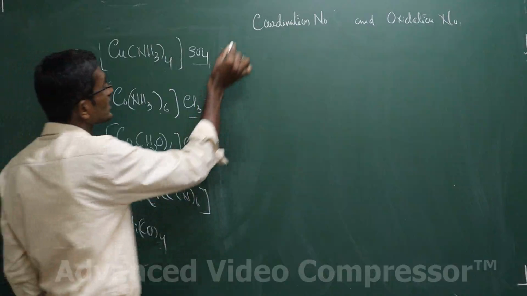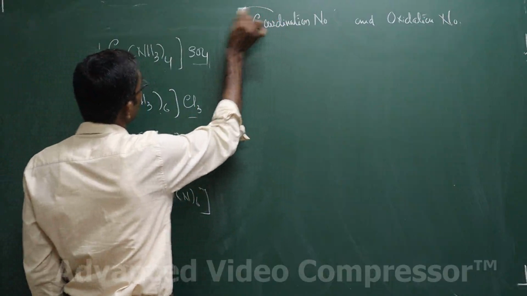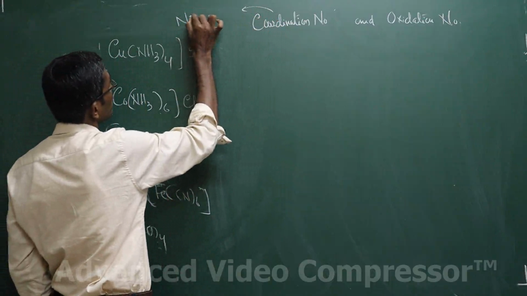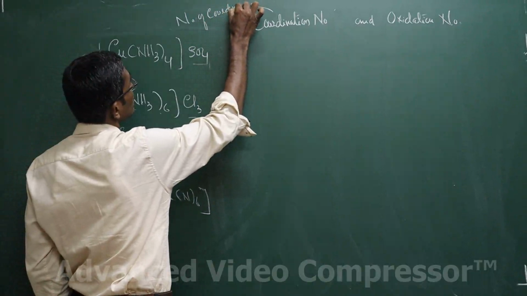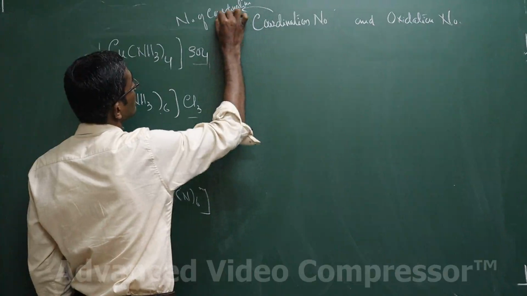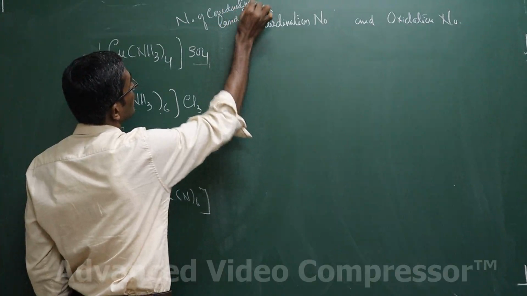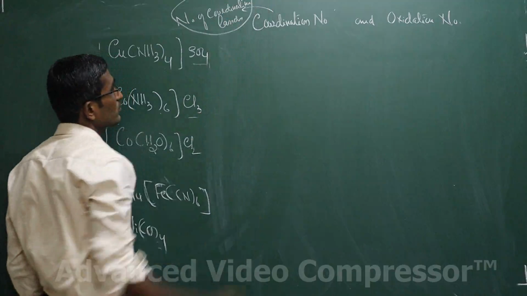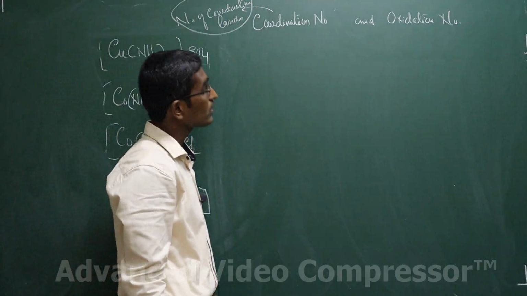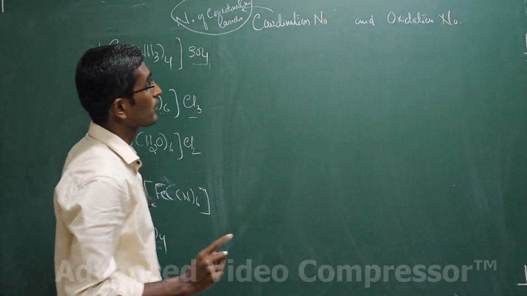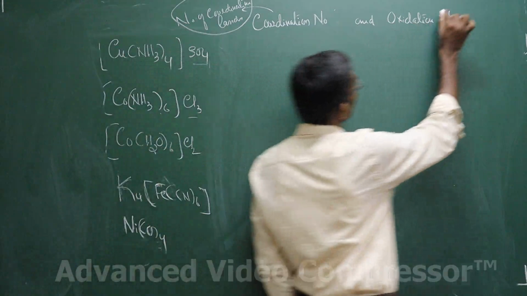So coordination number is nothing but the number of coordination bonds. Oxidation number, I am talking about the oxidation number of the central metal ion. How to calculate is very simple.